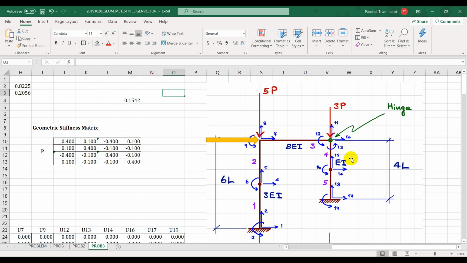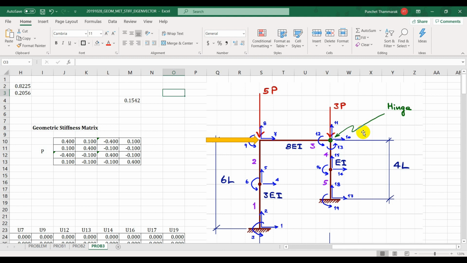We will pick the location where it is sensitive to the buckling, and that location will be on DOF number 7 or DOF 10. If the system buckles, this place is going to move a lot, and the maximum displacement is expected over here.